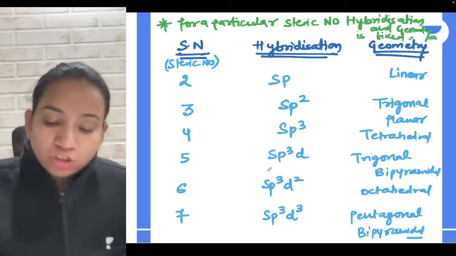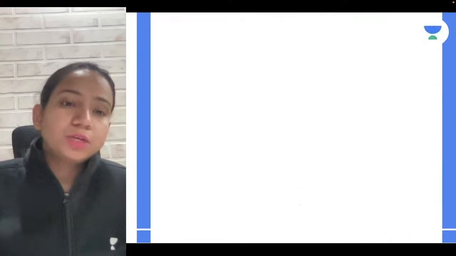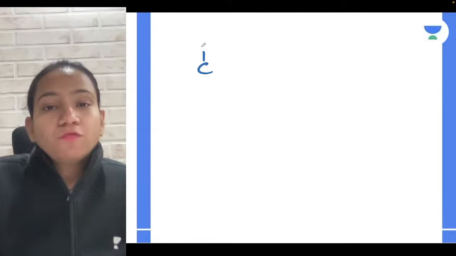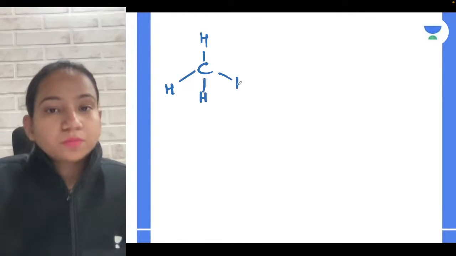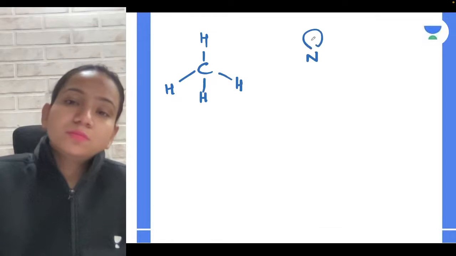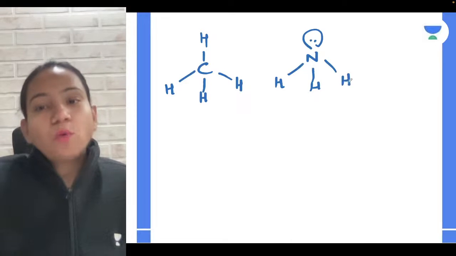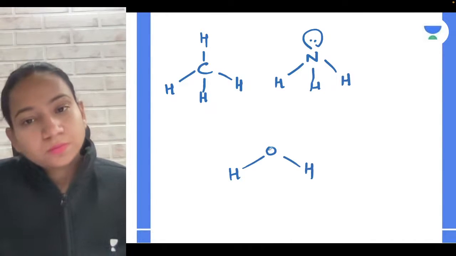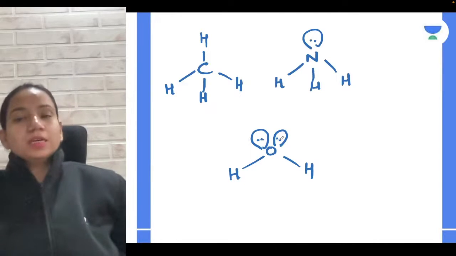Let's discuss how we tell it if a structure is given. Let's see methane, ammonia, and water. What will be the hybridization, and also the geometry?